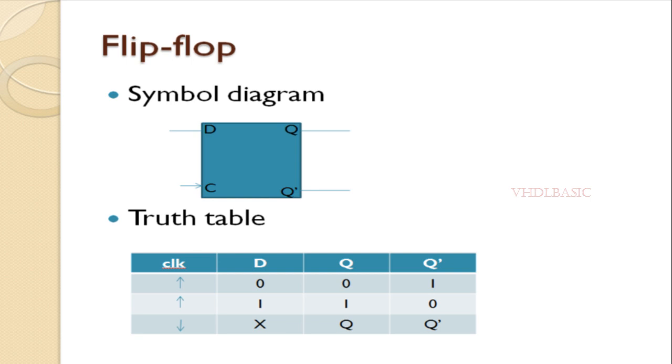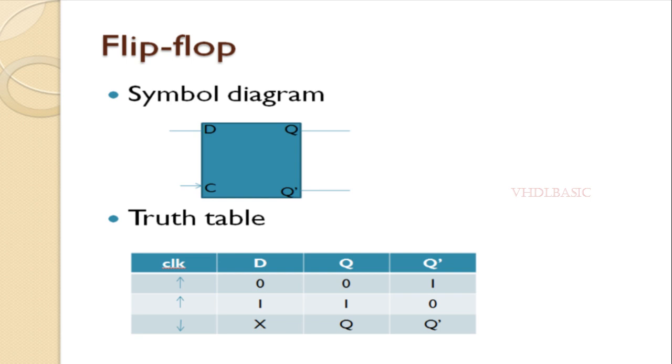If D is 1, Q also will become 1. Other than the rising edge of the clock, irrespective of the D value, Q will remain in the previous state. Q bar is nothing but not of Q.